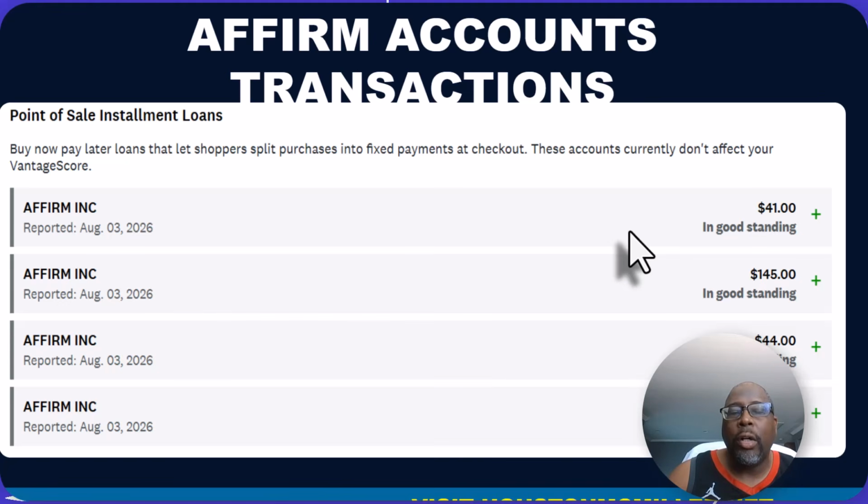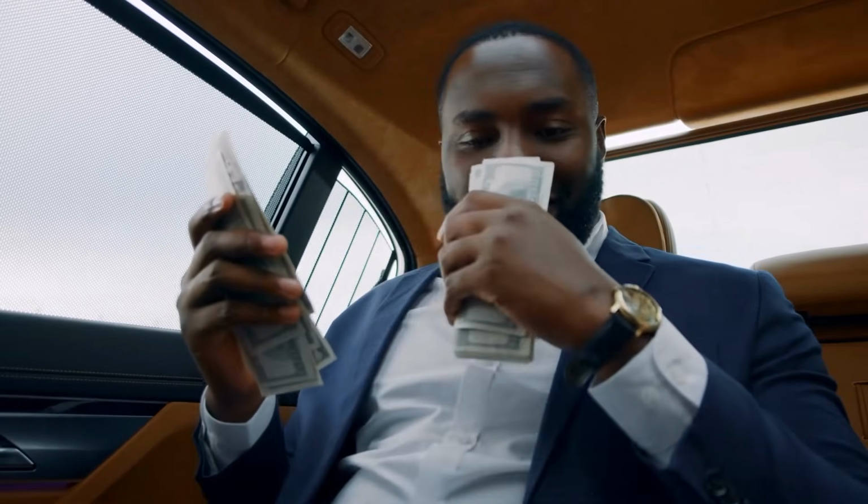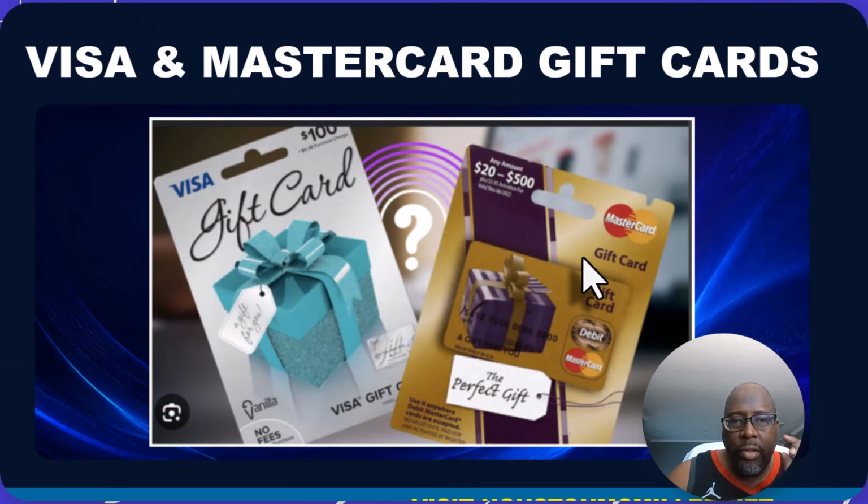I want you all to understand that this is the reason why we're going to talk about actually liquidating to make it easier. The first way to liquidate is actually using Visa gift cards. Now, this is very important.